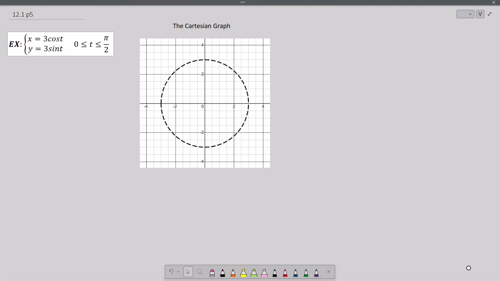Okay, why don't you guys try this one? So first do step 1, eliminate the parameter t. So that's step 1, eliminate t. I'll let you choose.